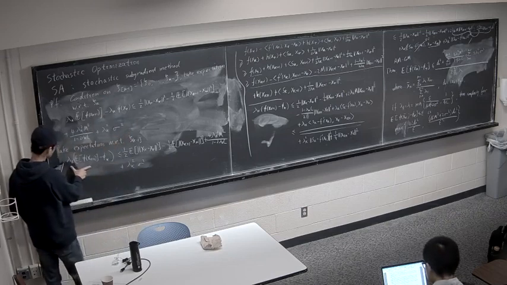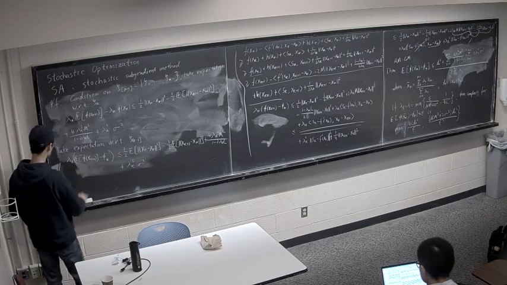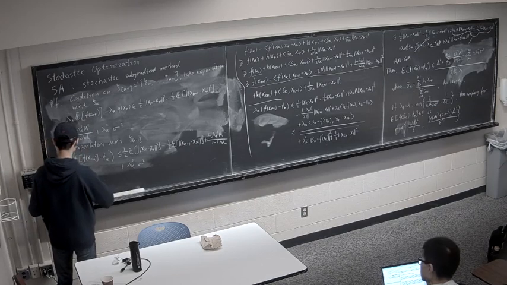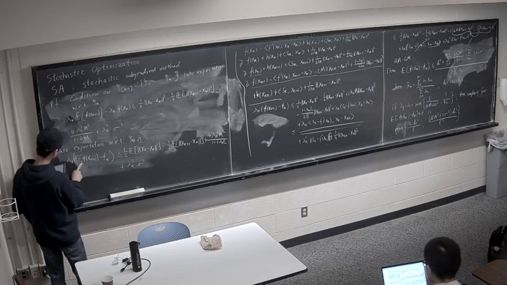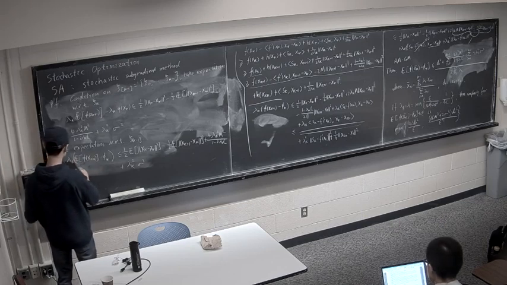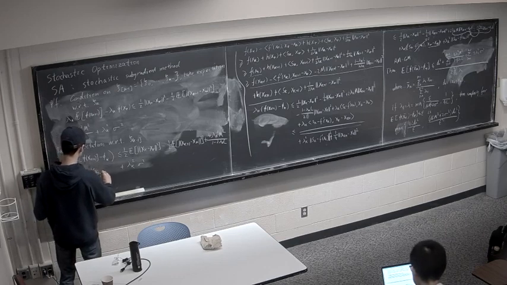And the left-hand side, because of the convexity of the function phi and by Jensen's inequality, we can lower bound the left-hand side. After you sum, the left-hand side becomes summation lambda i phi of x i plus 1. Right?